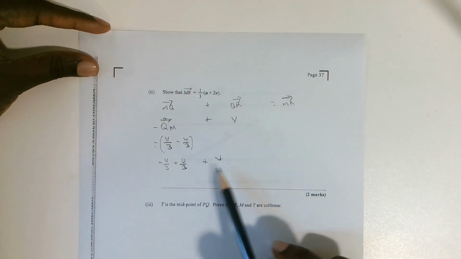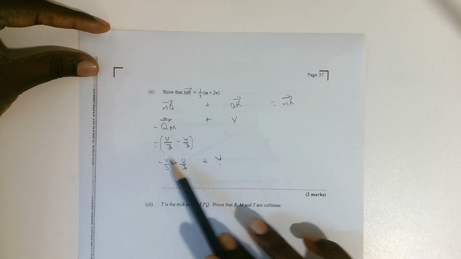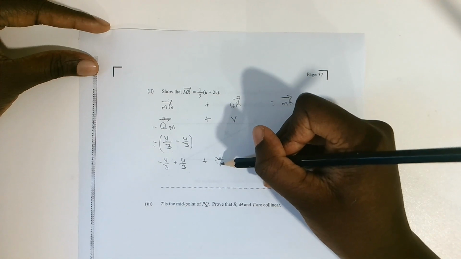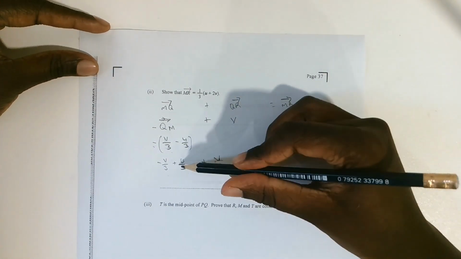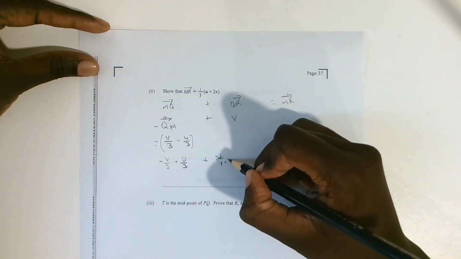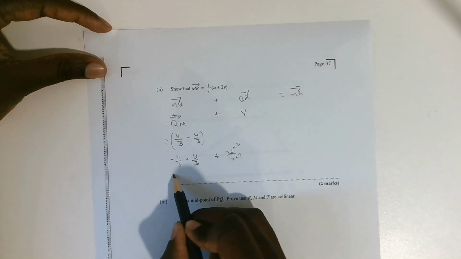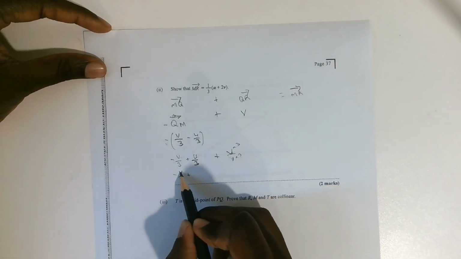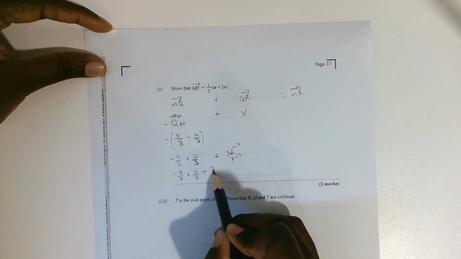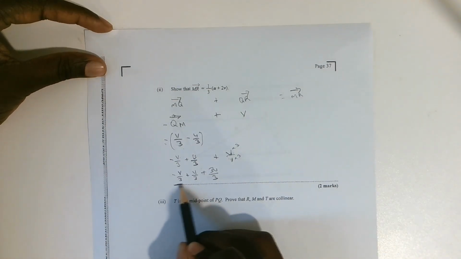My V currently has a denominator of 1, so I'm going to write it over 1, and in order to make all of these denominators common, I'll need to multiply my V over 1 by 3. So I'm going to have 3V over 3 minus V over 3 plus U over 3.